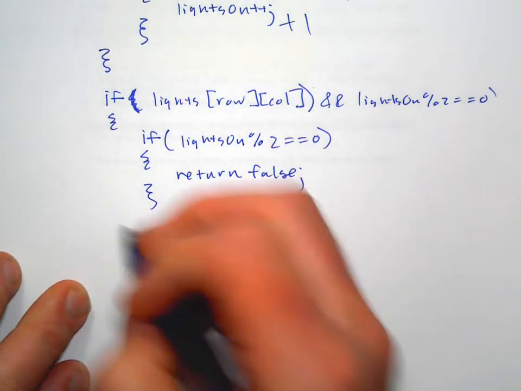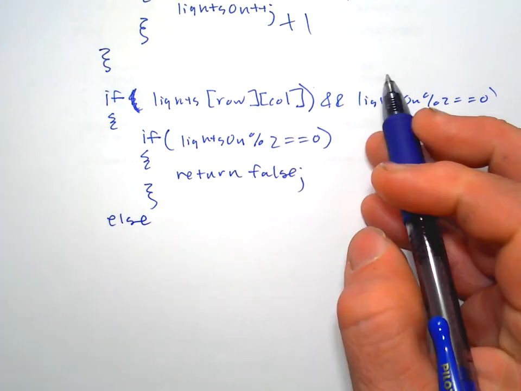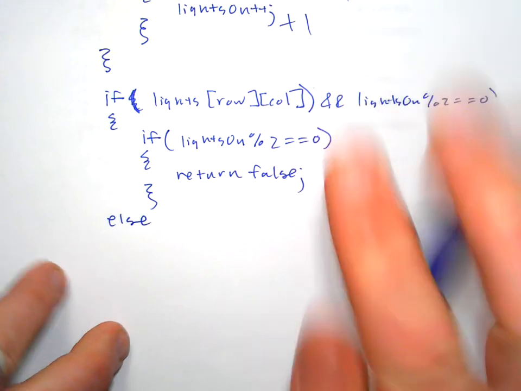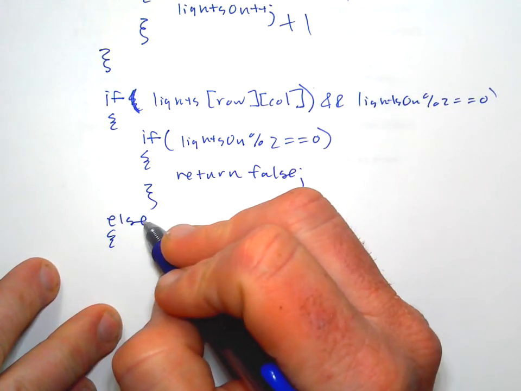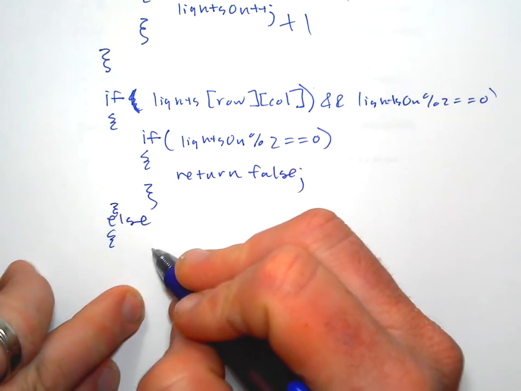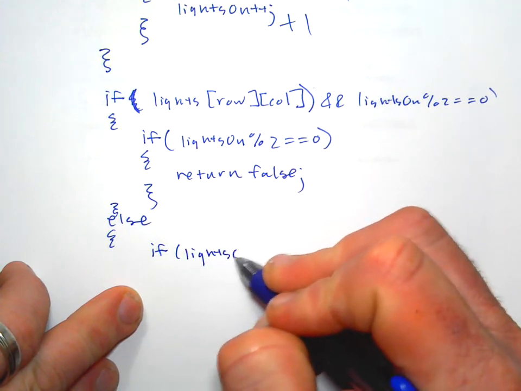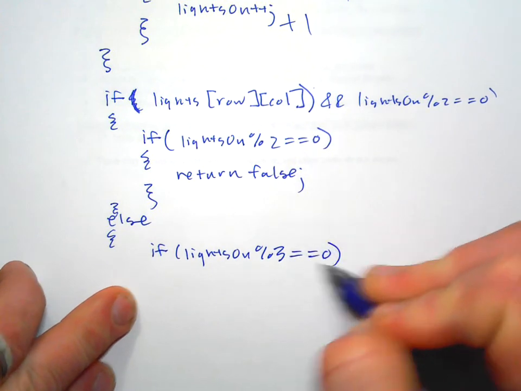Now, you could say else after this. Depending on how you did it, if you did it that way, then that means the light is off. And then you can just check for the other situation. Lights on modulus 3 equals 0.